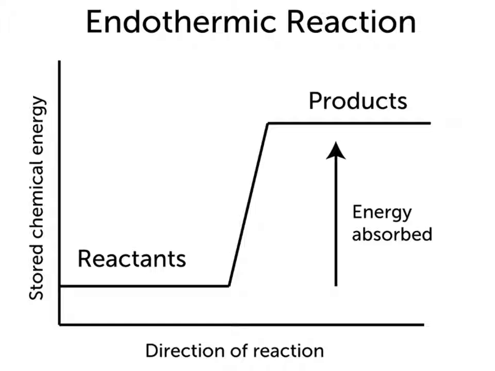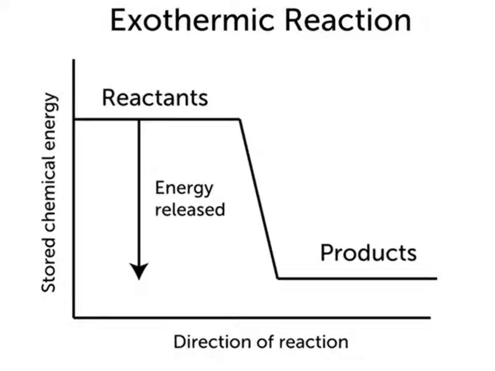In this reaction, the reactants have a lower energy than the products because the products have absorbed energy from the environment. This type of reaction occurs, as your book says, when you cook an egg. The egg is in a liquid state. You cook it, it changes its chemistry to produce a solid state, and the egg has to absorb energy in the form of heat for that to happen.